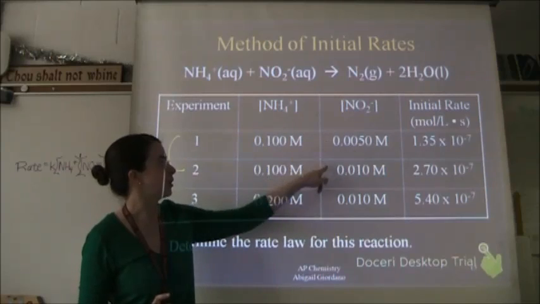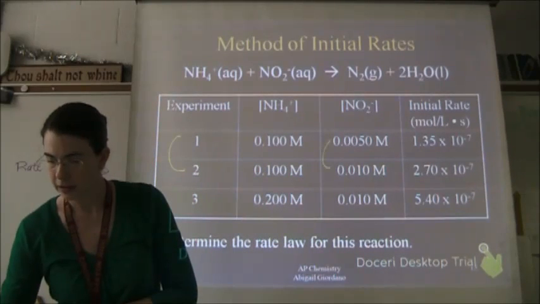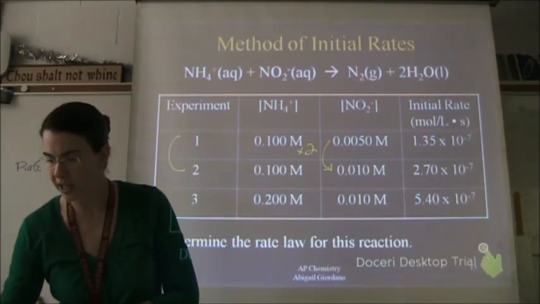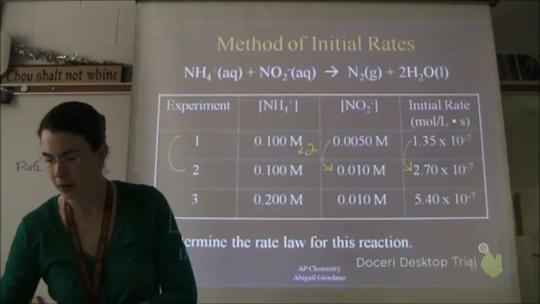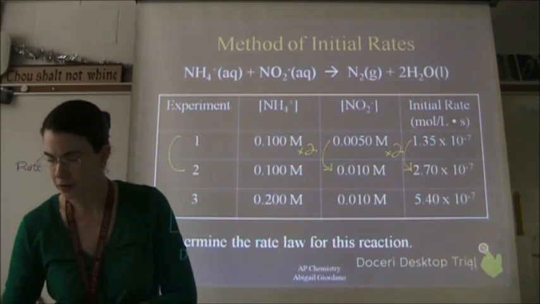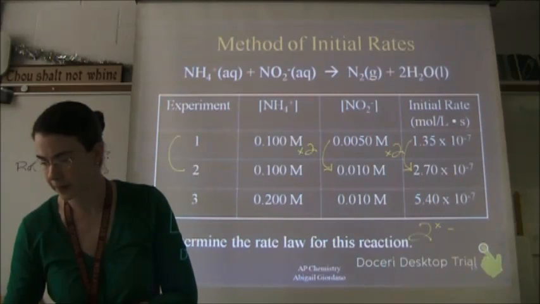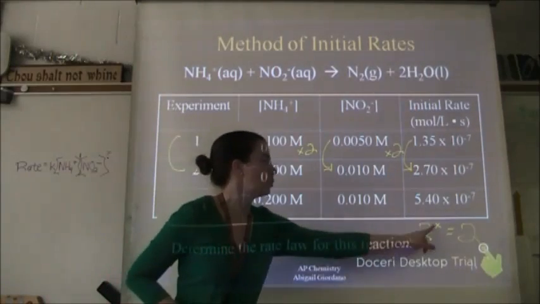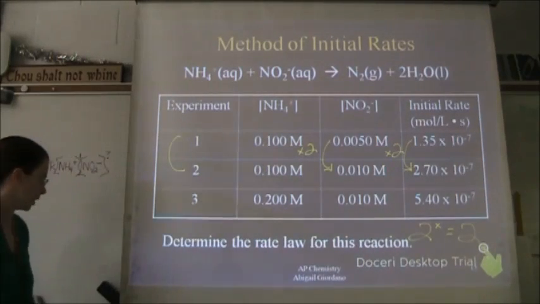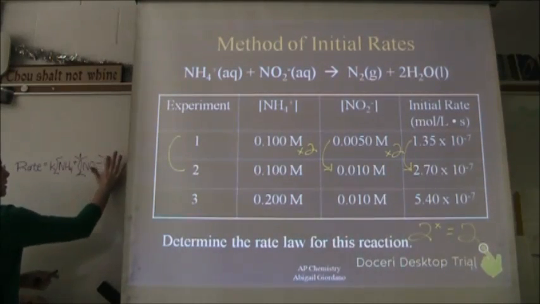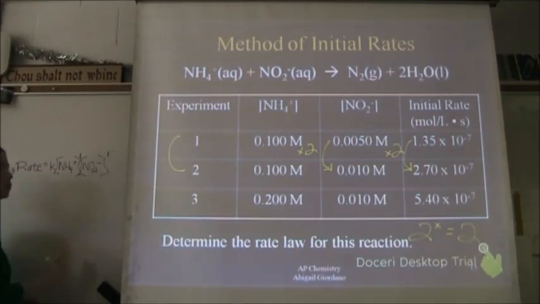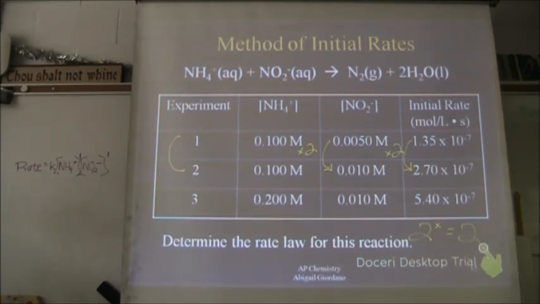What's happening from here to here? Times 2. And what's happening to the rate? Also times 2. So once again, 2 to what power equals 2? It's 1 again. Congratulations, you just figured out your very first rate law. That is the answer. Okay?